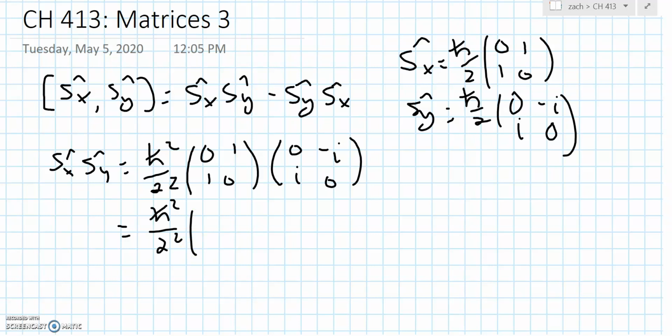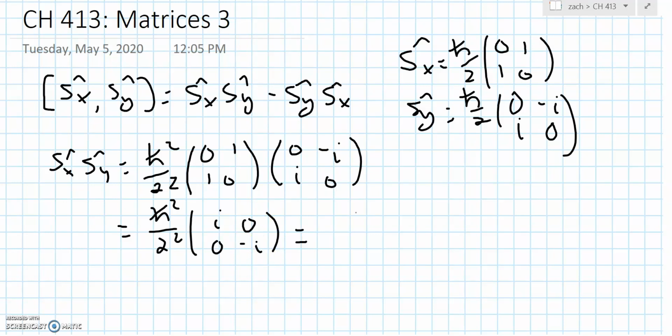For the first term in here, in case you don't remember your multiplication, that term is going to be this row times this column. So that gives us I in this spot. For the next spot, we get 0. Down below, we get 0. And in the spot on the right, it's going to be minus I.